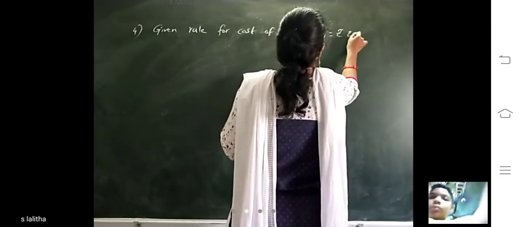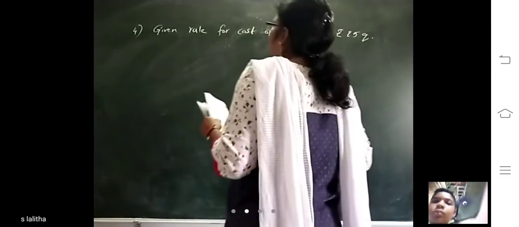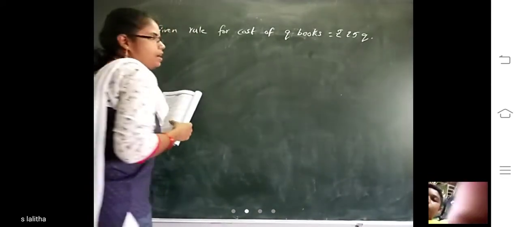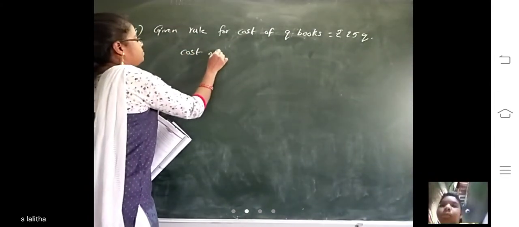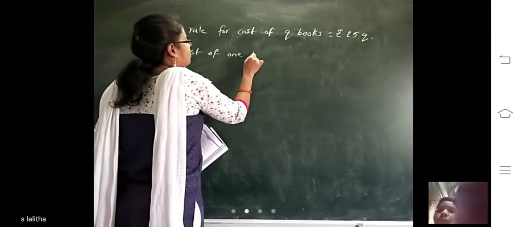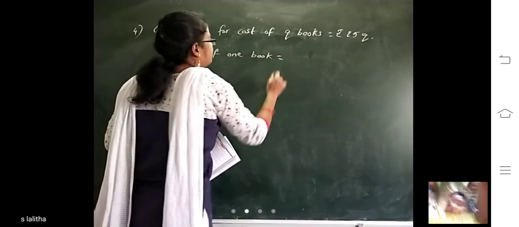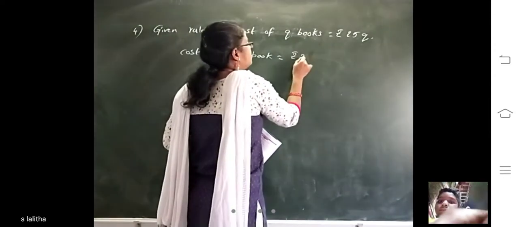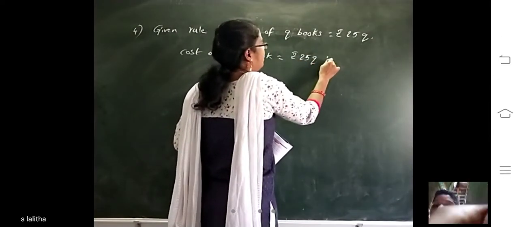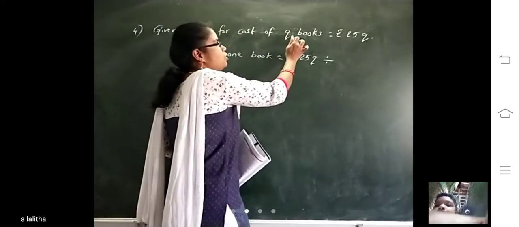Rupees 25q. Now what do you have to find? The cost of one book. Cost of one book is equal to, what is the formula? Rupees 25q divided by the number of books, q.